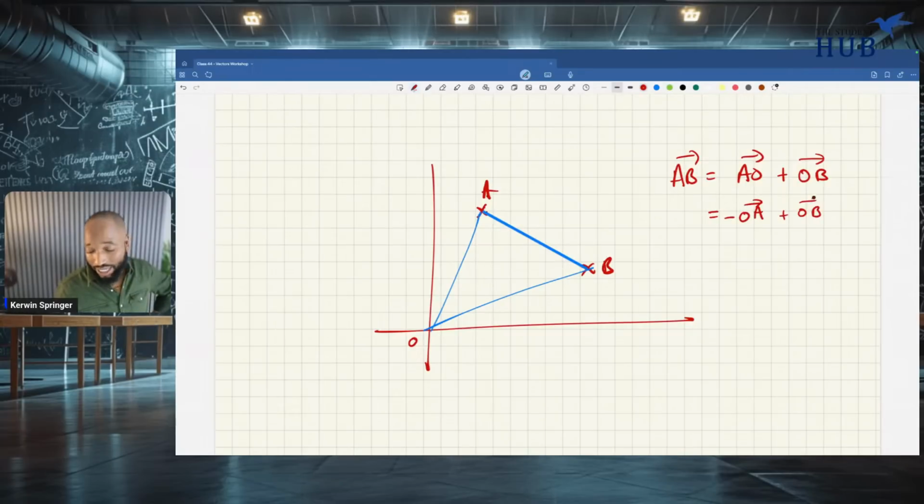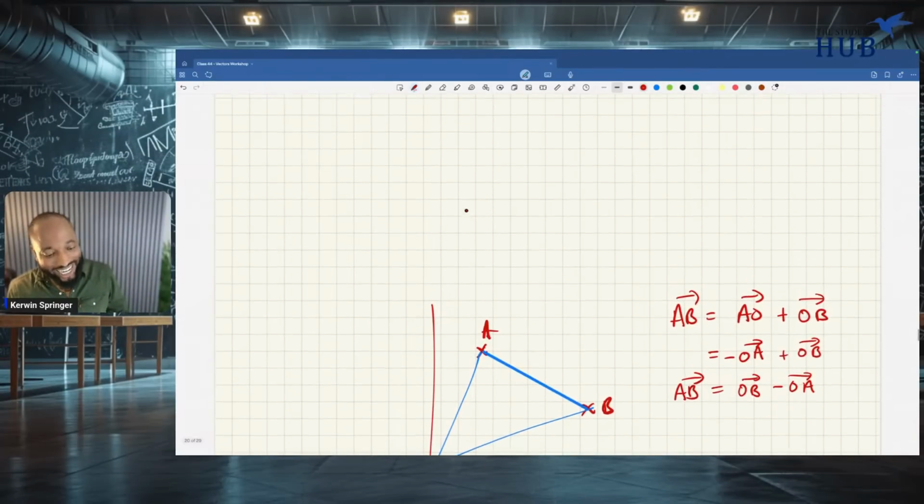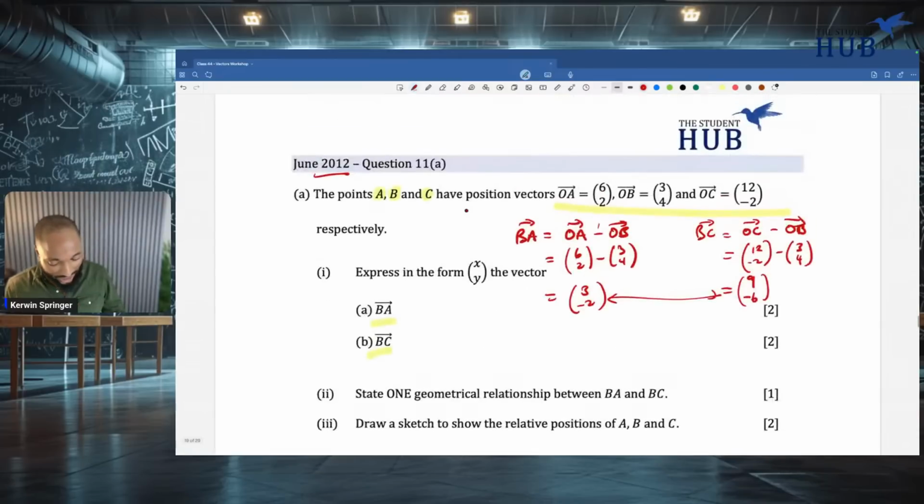So I just rearrange this and put OB first minus OA. And that's your triangle law. So AB, this displacement vector, is always equal to the second position vector minus the first one. If you want a deeper understanding of that, explained like primary school breakdown, like if I'm 3 years old, just search it up on my channel.